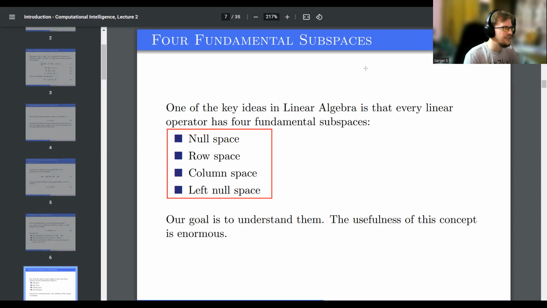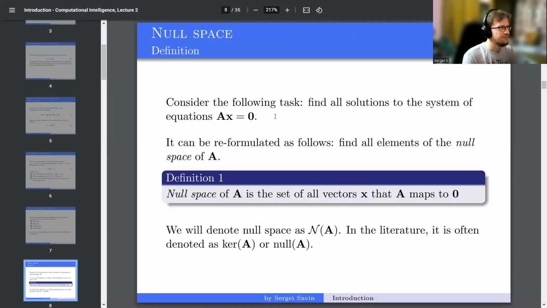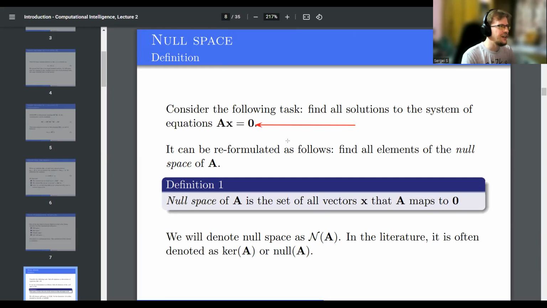All right, let's try to understand. Consider this problem. Find all solutions to this equation, Ax equal to 0. Homogeneous linear equation. This is high school, very familiar. Find all solutions to the system of equations.